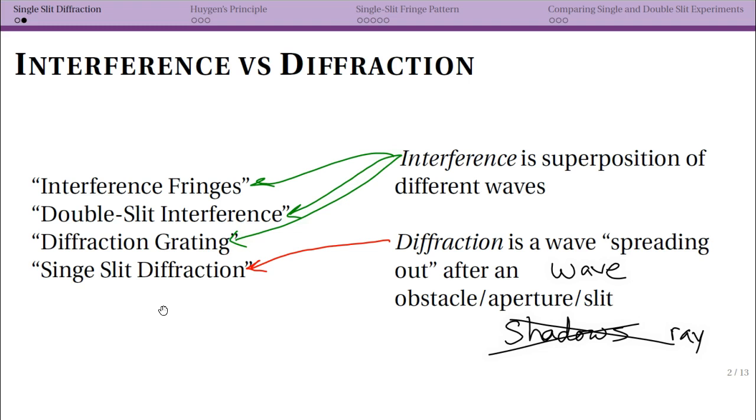Now, what's interesting is that when we talk about single slit diffraction, there's actually also an interference component. So diffraction is something that is interesting and relevant. When we talk about circular aperture diffraction, that is very much diffraction, but there are both components of interference and diffraction in it.